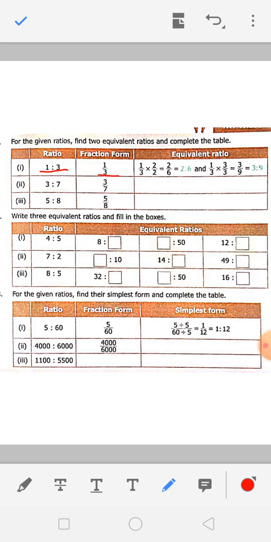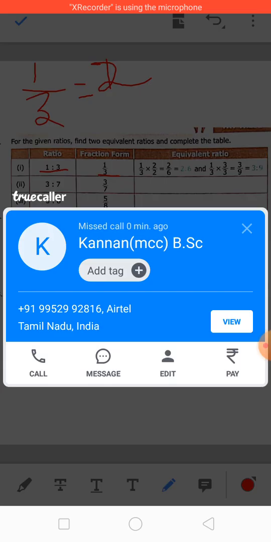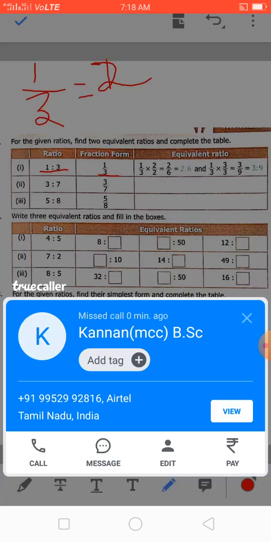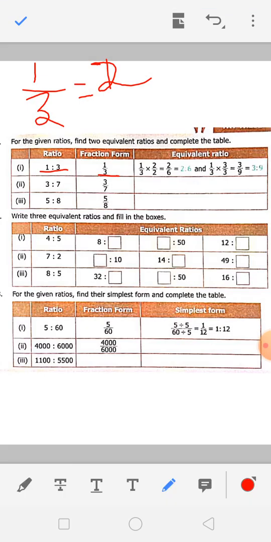So 1 by 3, multiply by 2. So 1 into 2 is 2 divided by 3 into 2 is 6, 3 2s are 6. So this is one of the fractions.